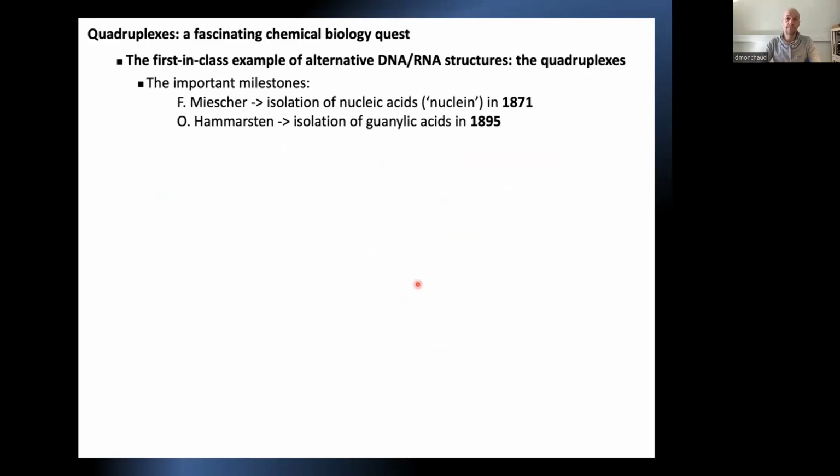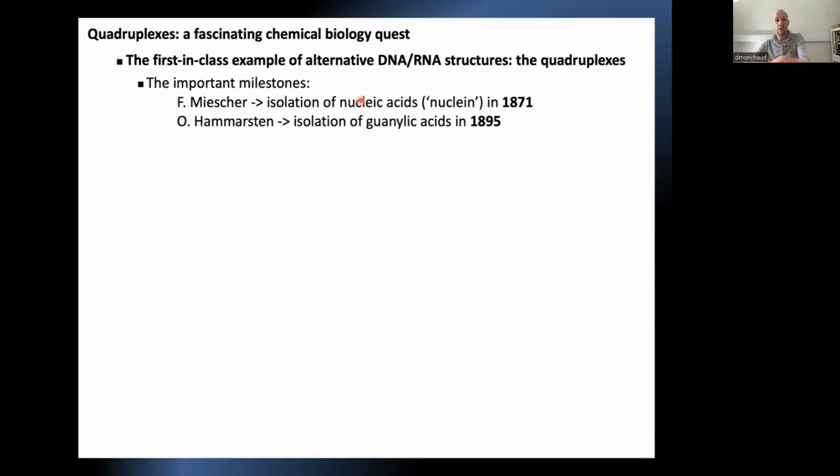To this end, I would like to provide you with some historical background regarding the G4. Of course, everything started with the work of Friedrich Miescher quite a long time ago, when he was the first to isolate the substance that is within the nucleus.